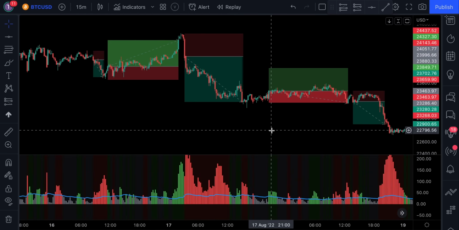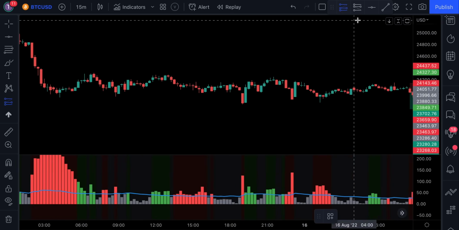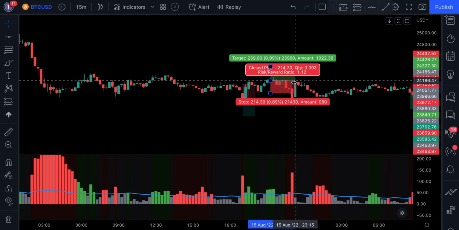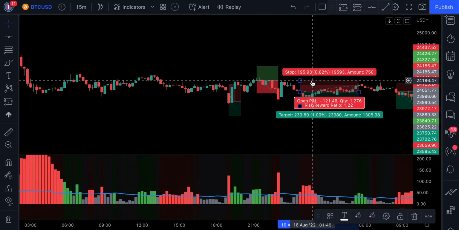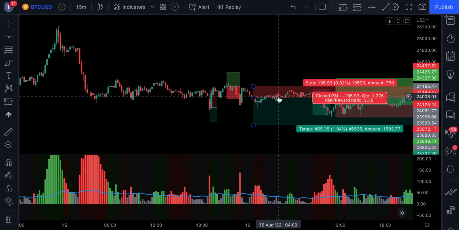However, by no means am I saying that you should use it on its own. Because if we take a look at some signals, we can see that they're far from accurate. So in order to filter out these signals, I came up with an extremely powerful strategy, and now let me show you how to build the setup.